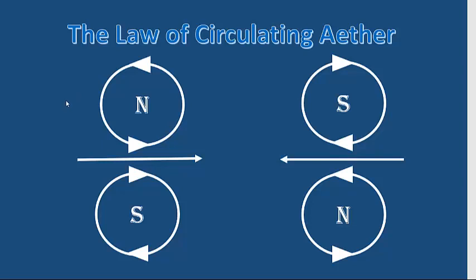And so this little graphic shows that if the current, the electrogen is flowing in this direction from left to right, you're going to get counterclockwise circulation above the wire, and you're going to get clockwise circulation below the wire.